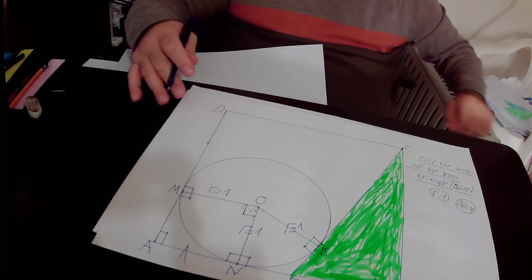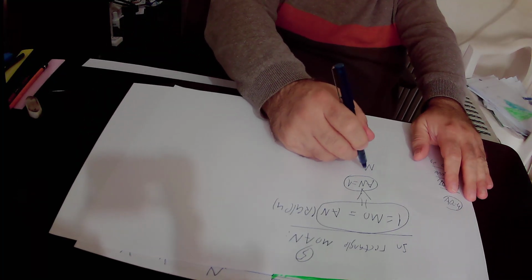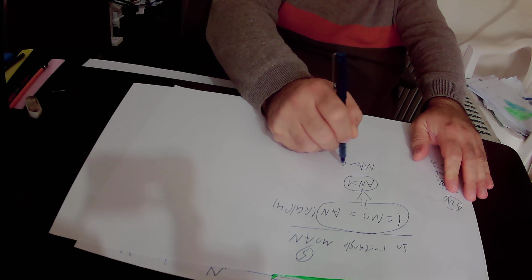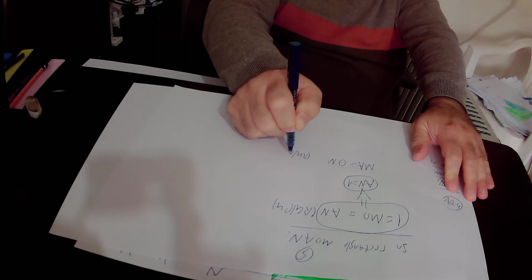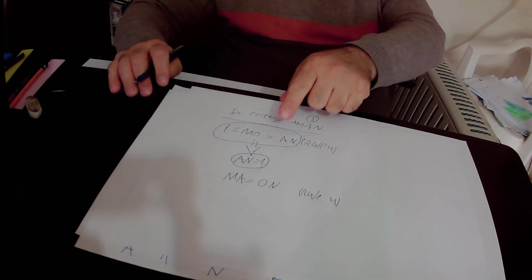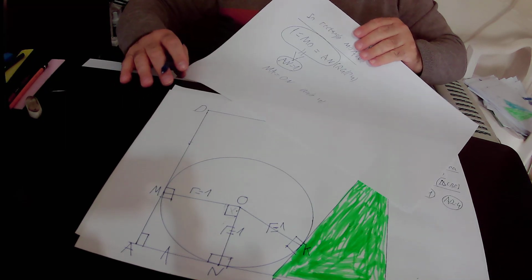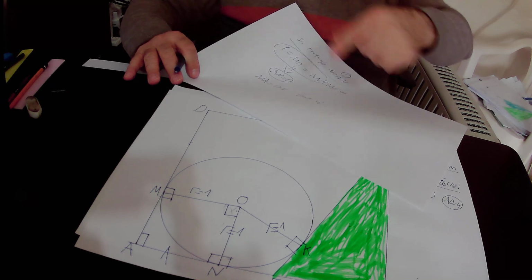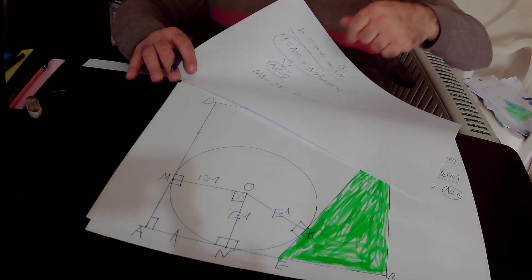Likewise, according to rule number 4, MA equals ON, that the opposite sides of a rectangle are equal to each other. But we have already found out that ON equals 1 unit.